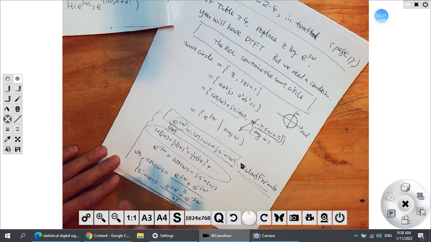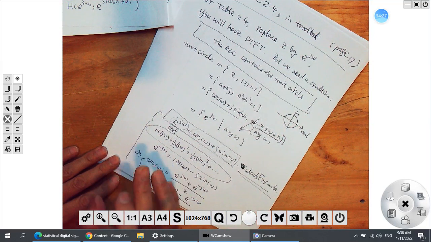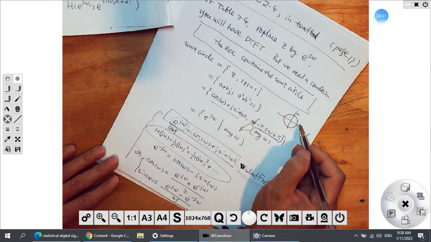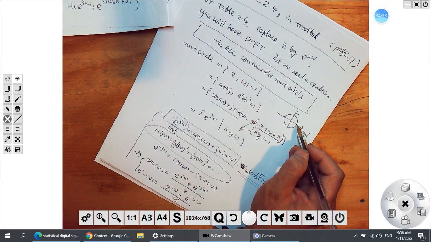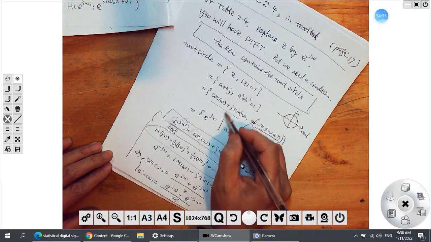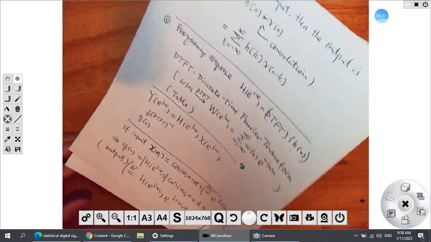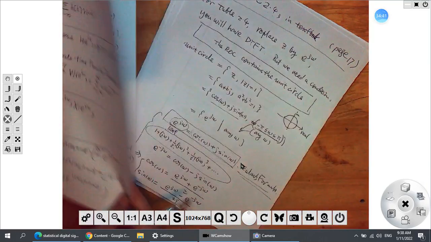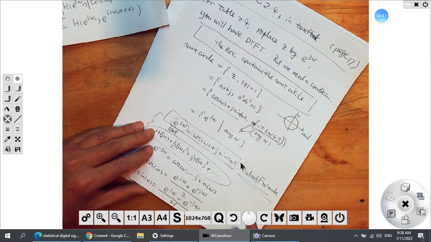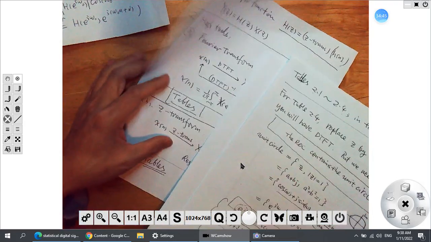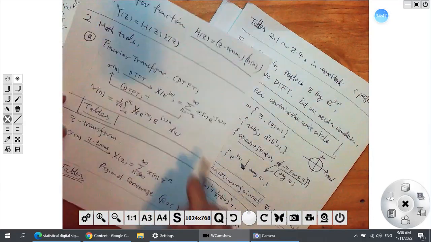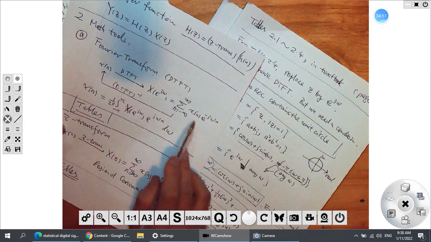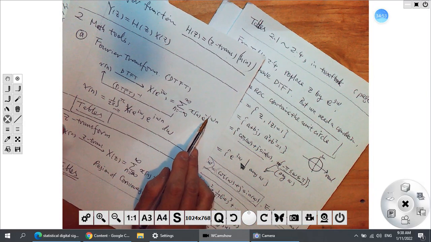And for the Fourier transform, we know it's an infinite summation with a coefficient coming from the signal times e to the j omega terms, right? The DTFT. You start from the signal, you multiply by e to the negative j omega n.